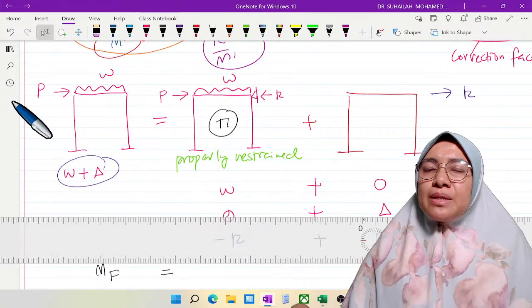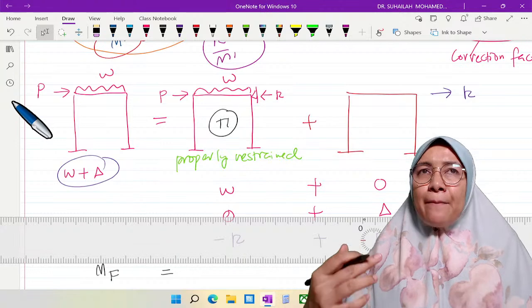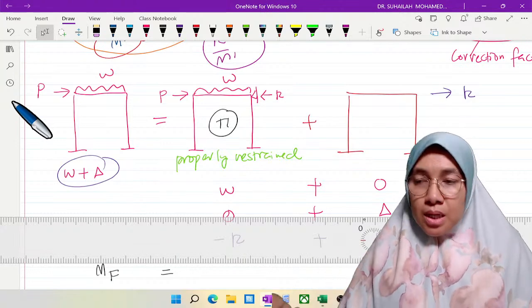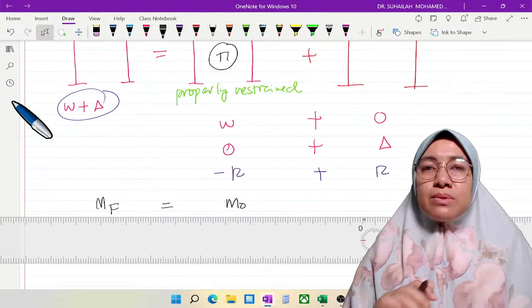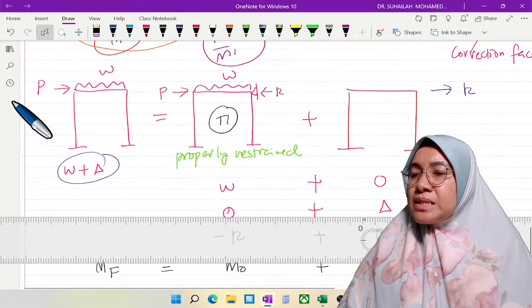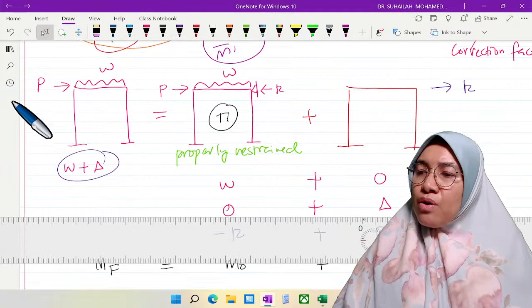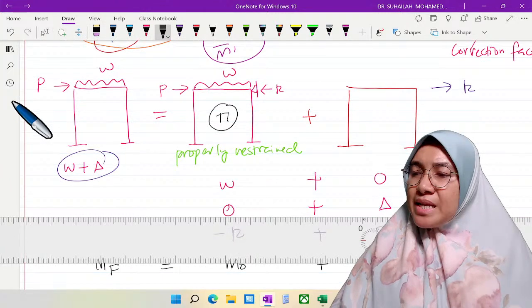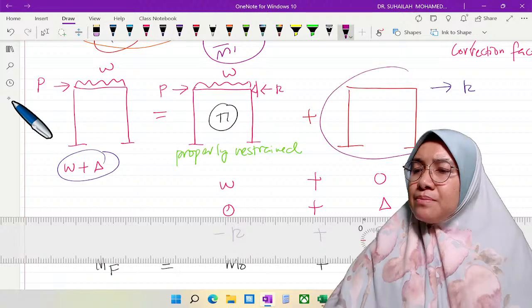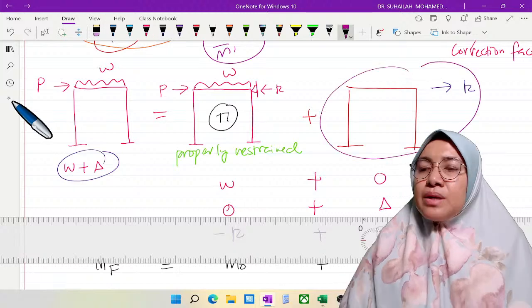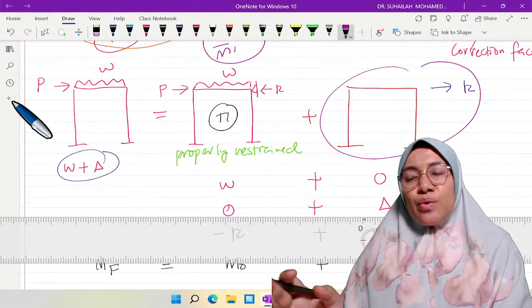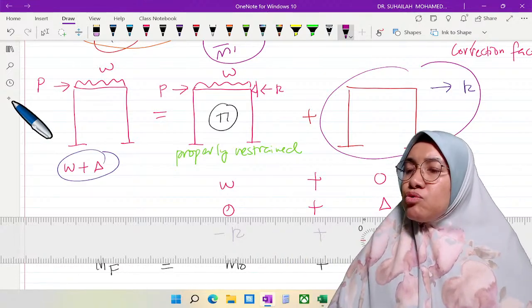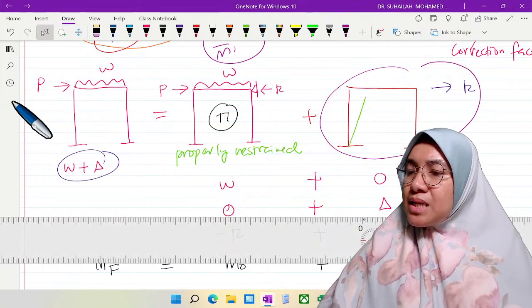From table number 1 we get M naught, so this is M naught from table 1, and we have to add M for this diagram. Based on the equation, this is the equation. So due to R, there will be delta here.